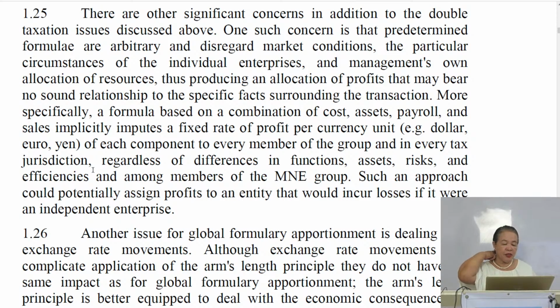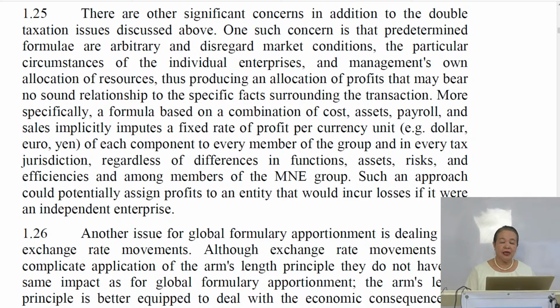So more specifically, a formula based on a combination of cost, assets, payroll, and sales implicitly imputes a fixed rate of profit per currency unit, or dollar, euro, or yen, of its component to every member of the group and in every tax jurisdiction, regardless of differences in functions, assets, risk, and efficiencies.